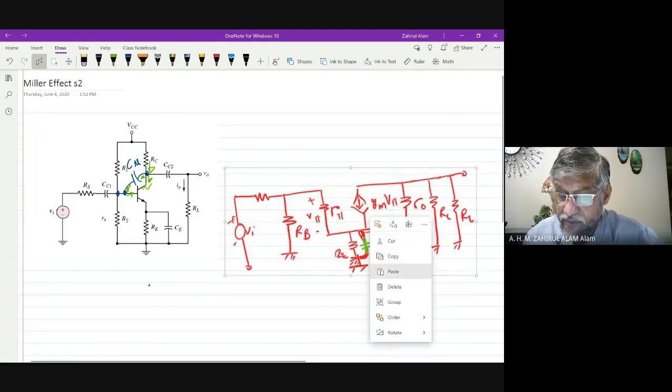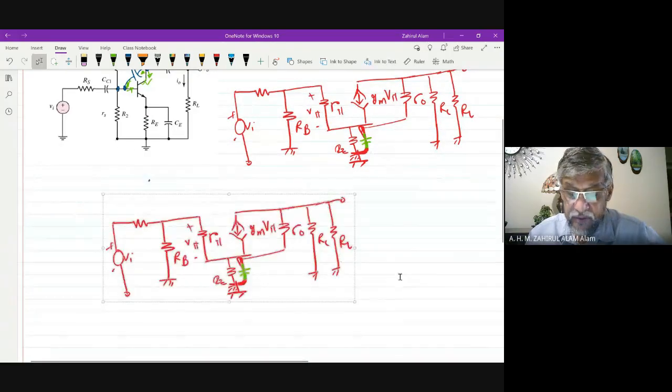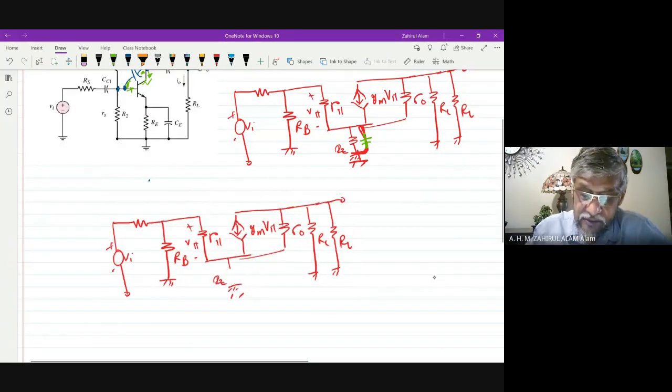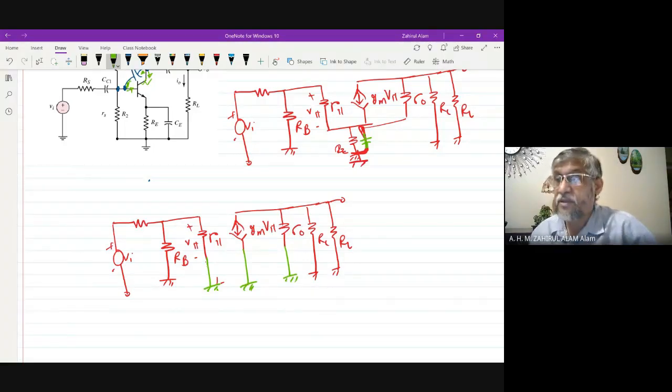This is not the high frequency circuit; this is the mid-band frequency equivalent circuit, since RE is bypassed with a bypass capacitance.